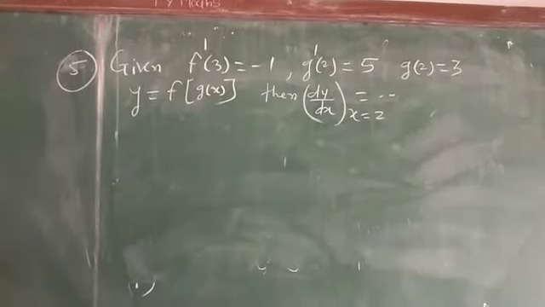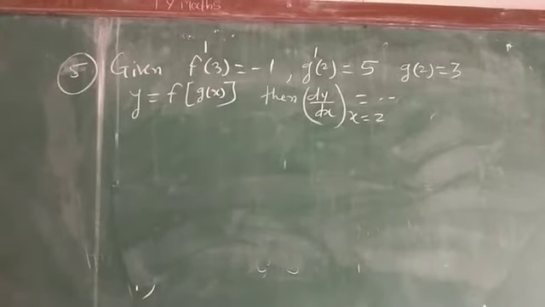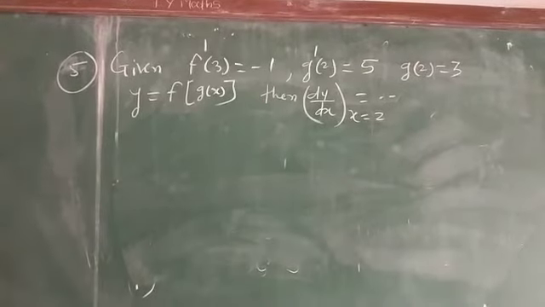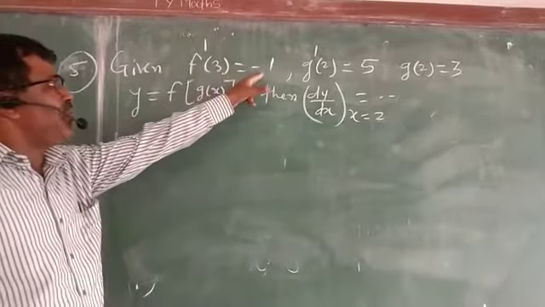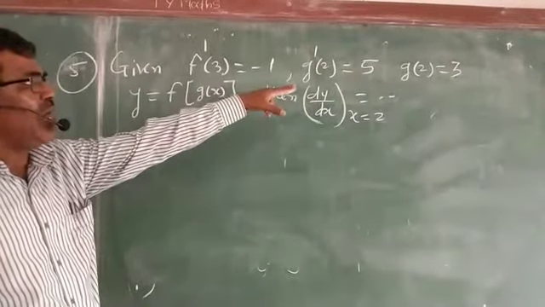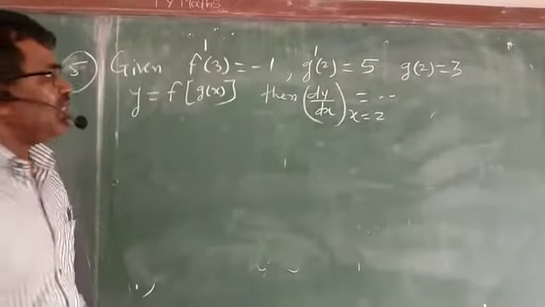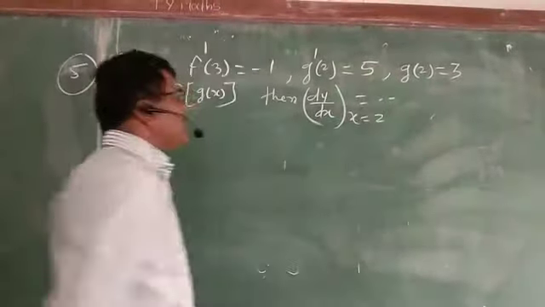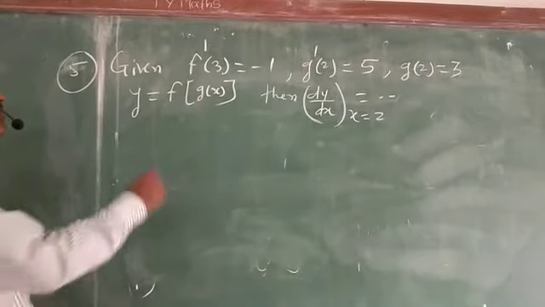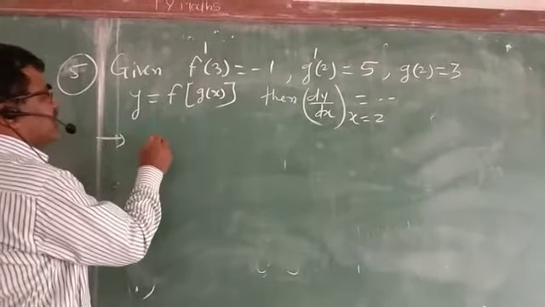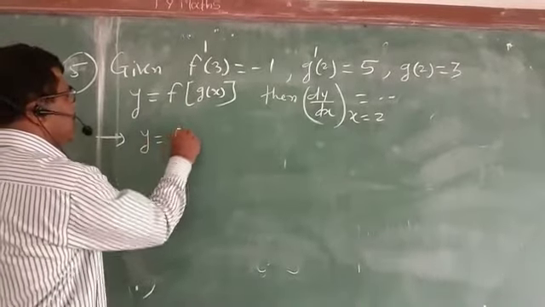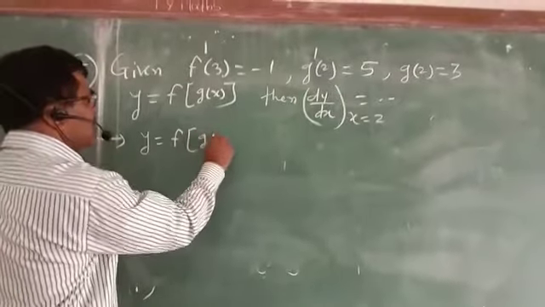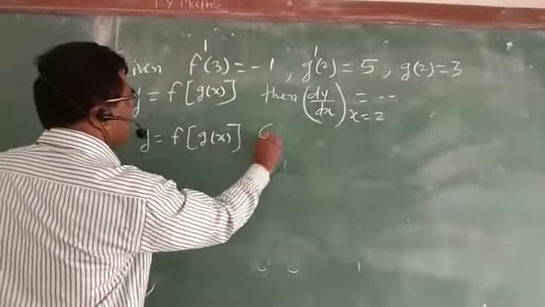See and write in your notebook. Given f dash 3 equal to -1, g dash 2 equal to 5, g of 2 equal to 3, then find y equal to f of g of x given.